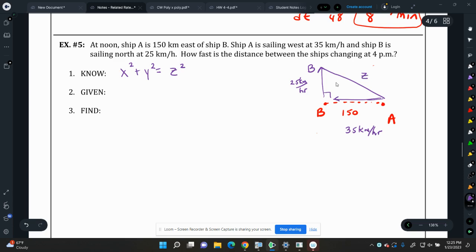So h prime of 3, so that's g prime of f of 3 times f prime of 3. So f of 3 is 4. So we're just using our table now.